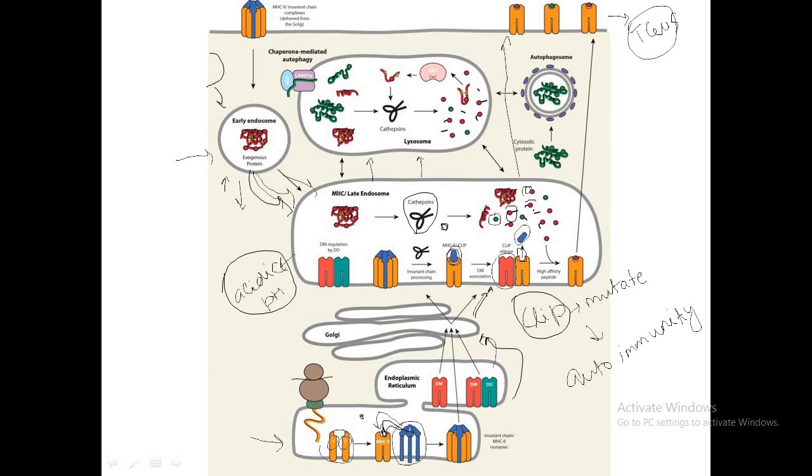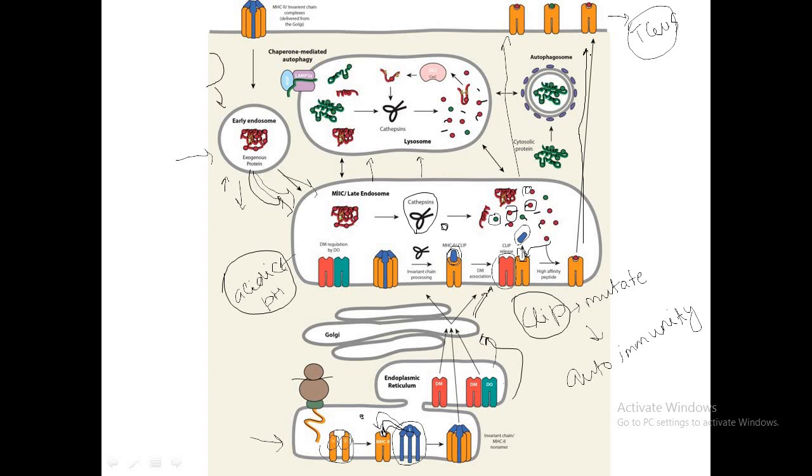Once they are cleaved and ready to bind the MHC2 molecules, the DM protein removes CLIP from the MHC2 molecule and allows the binding of this foreign protein to the MHC2 binding cleft. Once they bind here, they are ready to be presented on the cell surface.